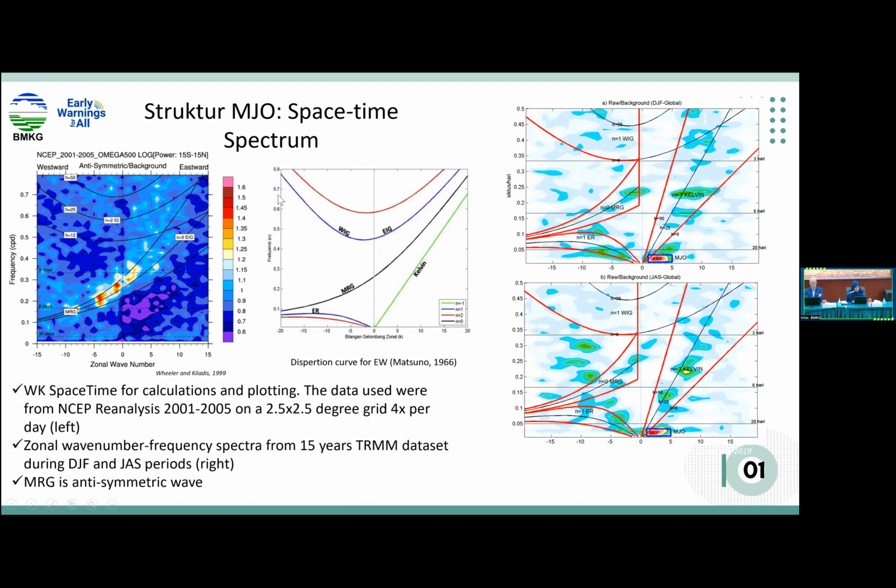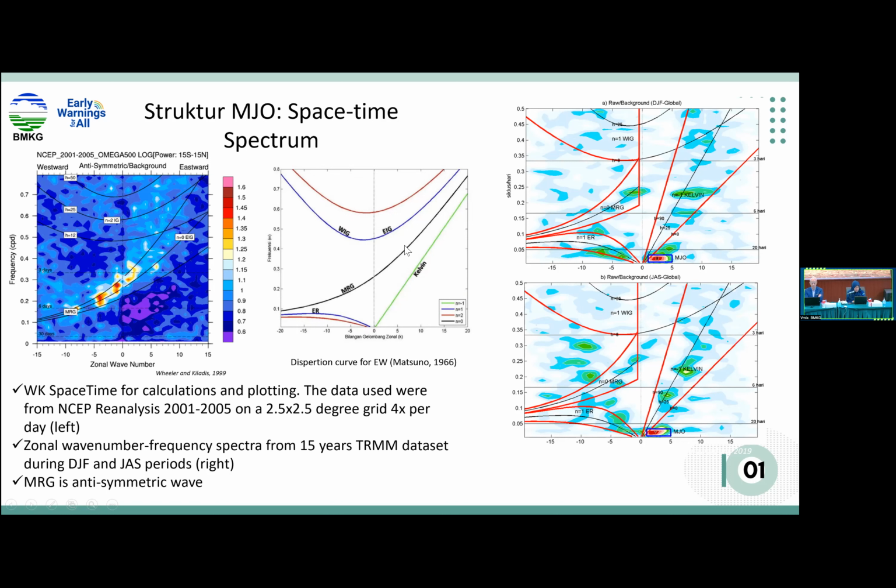If we see the middle figure, this is the dispersion diagram for each equatorial wave. We see Kelvin has a straight line, equatorial Rossby is westward, and mixed Rossby-Gravity wave is also westward. And we also have high frequency inertia gravity waves.